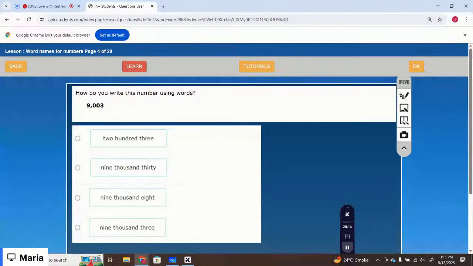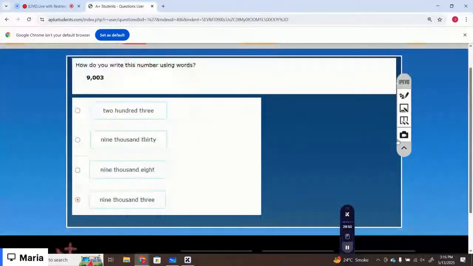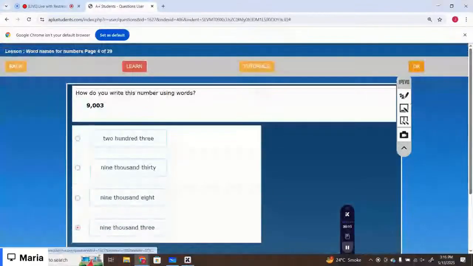How do you write this number using words? That is 9,003. Option number 4 is the correct option.